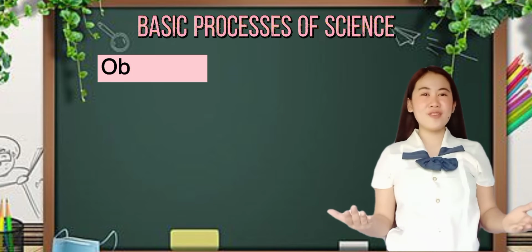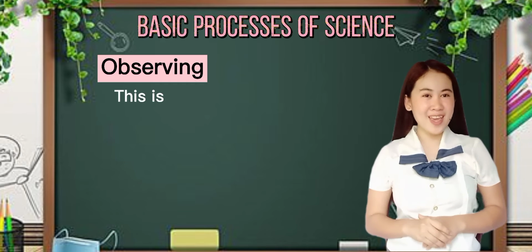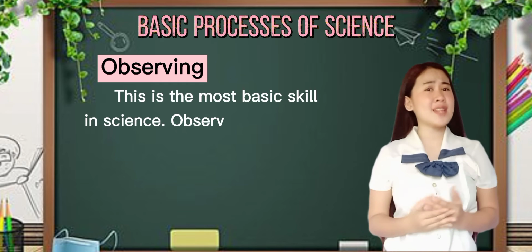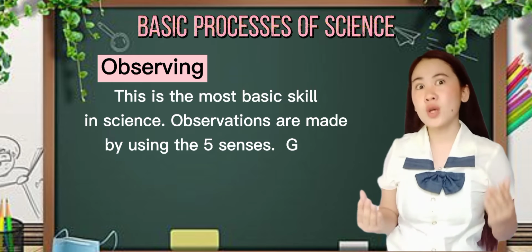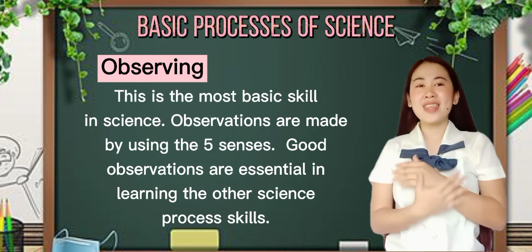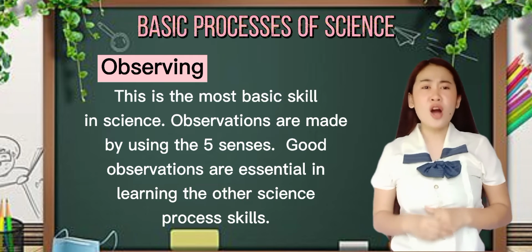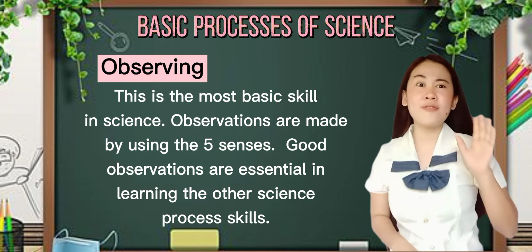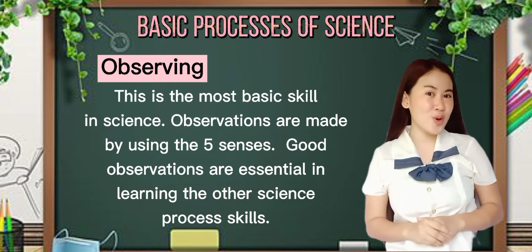First, we have observing. Observing is the most basic skill in science. From the word observe, we observe something, right? And these observations are made by using the 5 senses. What are those?